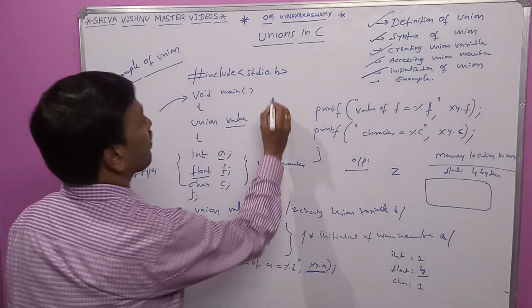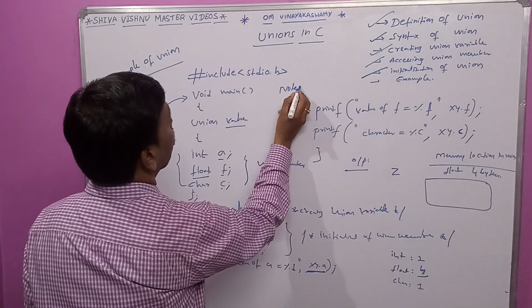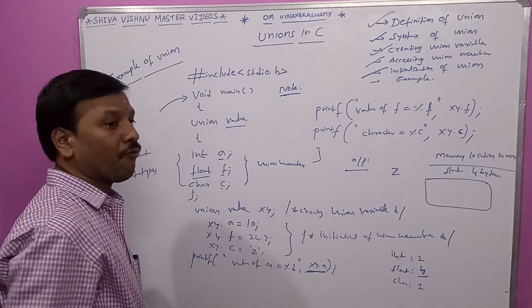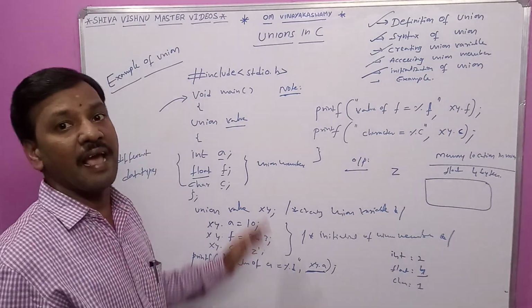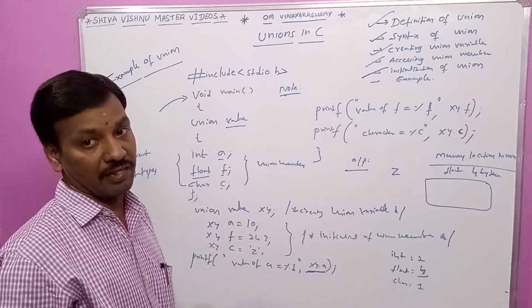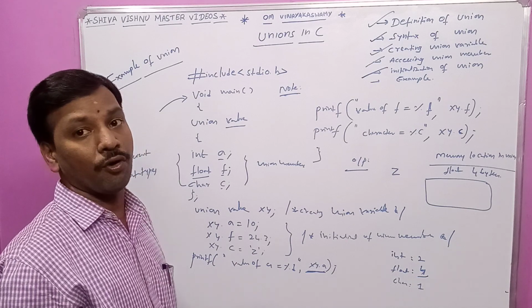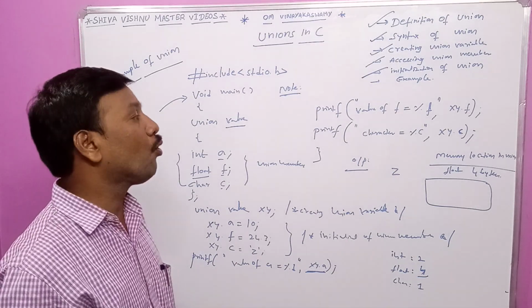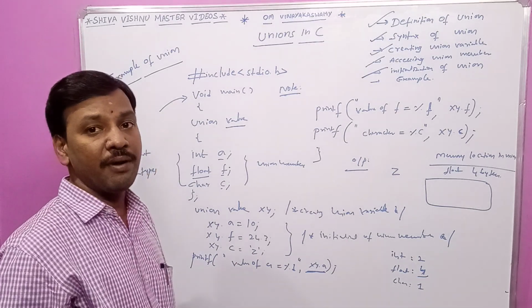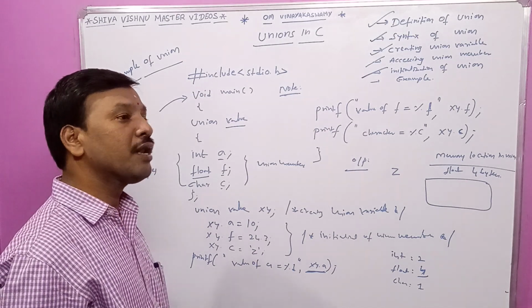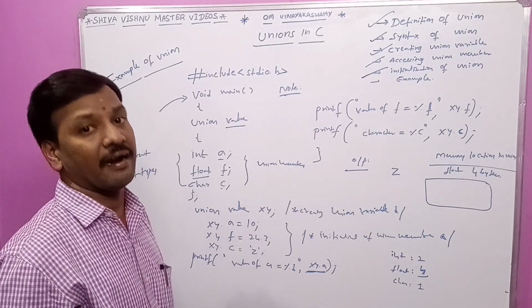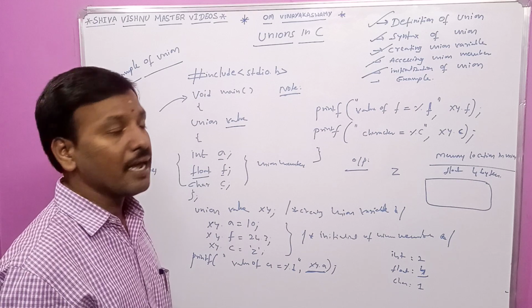Here you can see there is a note: at a time only one element is accessed in the union concept. More than one is not possible. Only one union member is accessed at a time in the union concept.